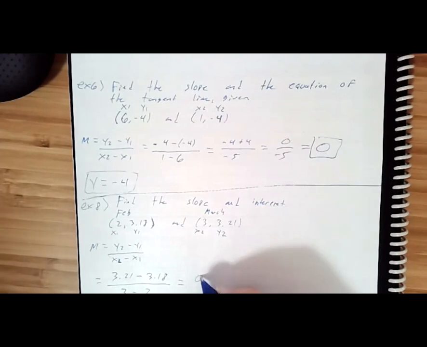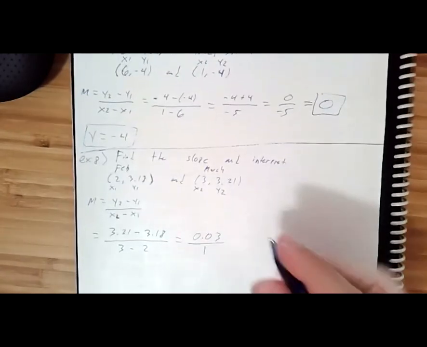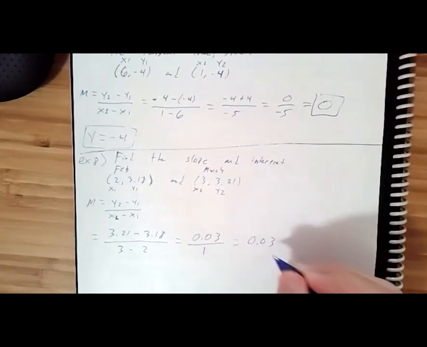So that would be 0.03 over 1. So the slope is just 0.03.